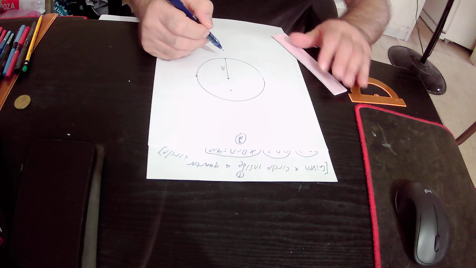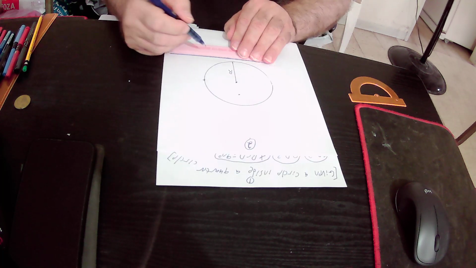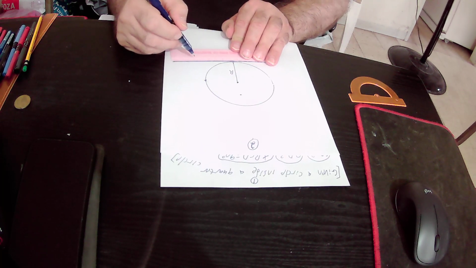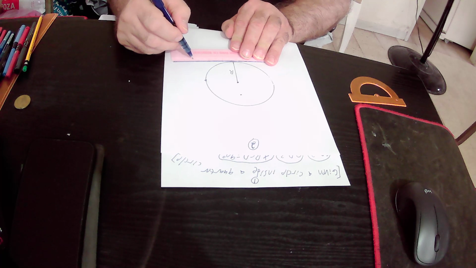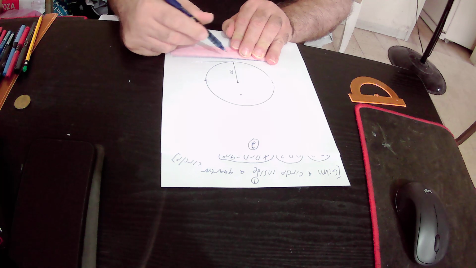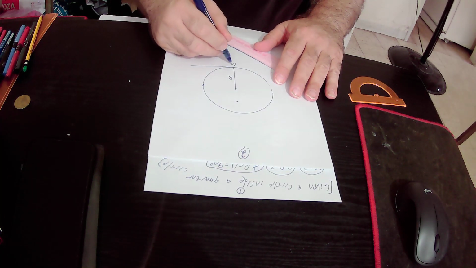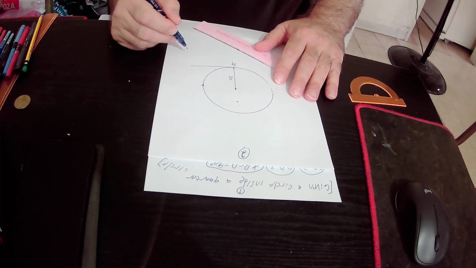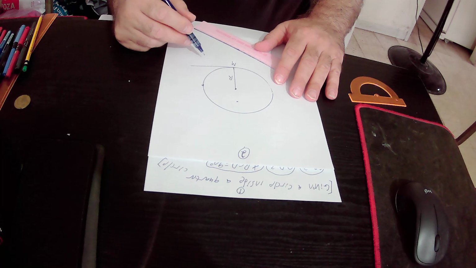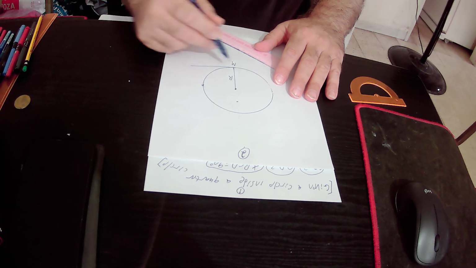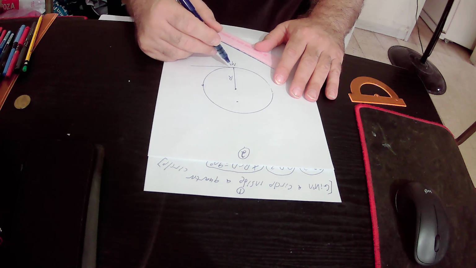and if we have here a tangent to this circle at point M, then the tangent to the circle is perpendicular to the radius.